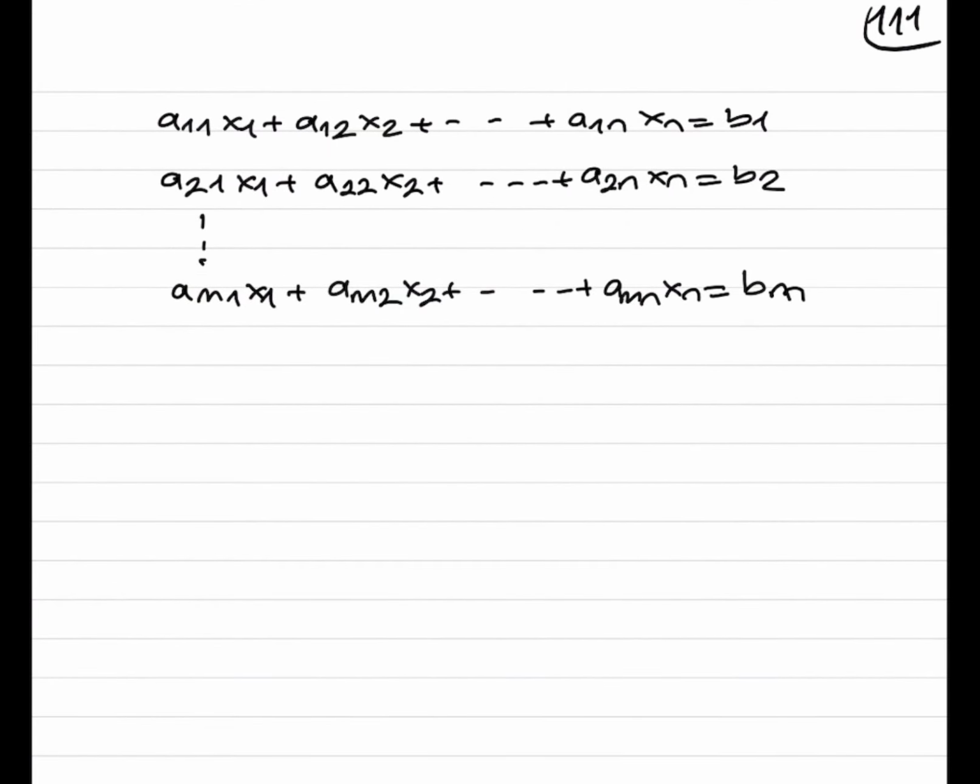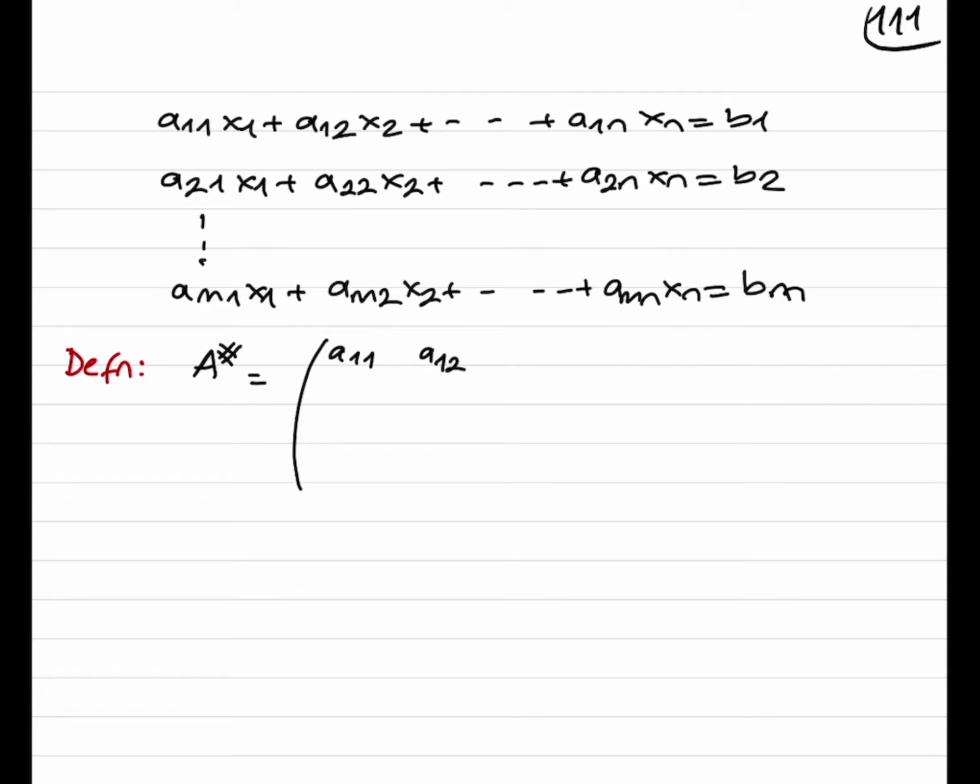And whenever we have such a system, we have another matrix, A sharp. So what we are going to do is we write the coefficients.